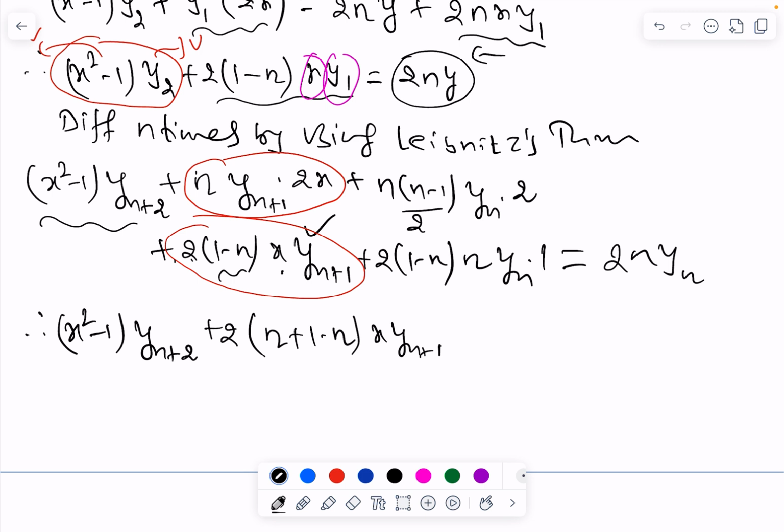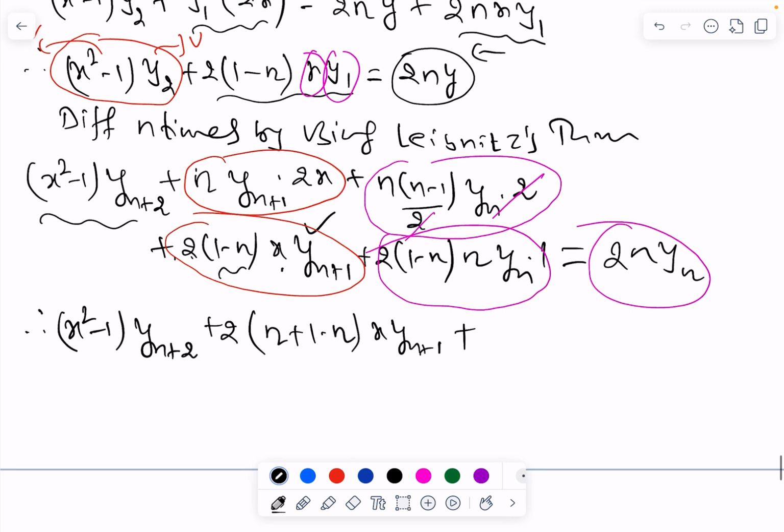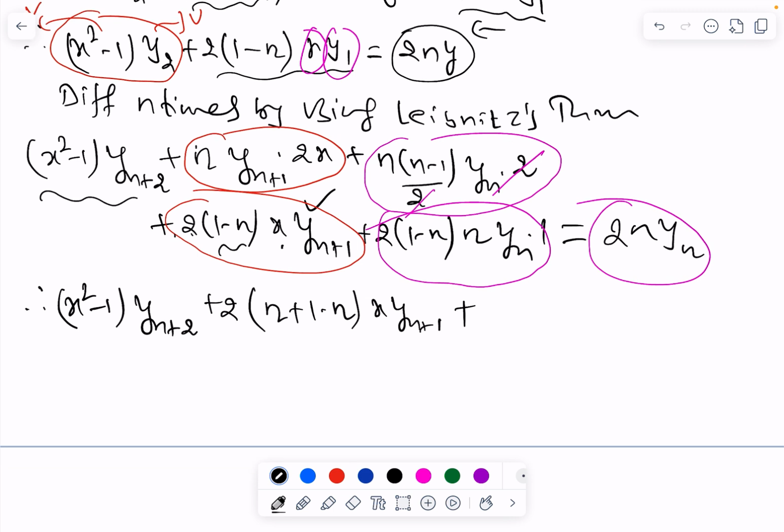Then y_n term. So y_n term is here, and y_n term is also here and also here. So plus n y_n everywhere is there.